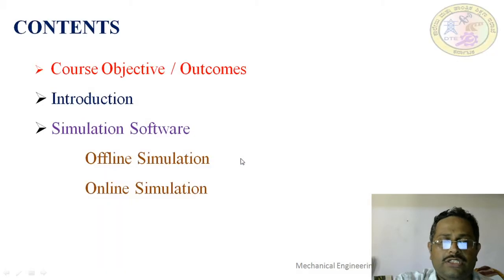This goes like this: course objectives and outcomes, introduction to digital circuits and simulation software. In this, I am giving a demo on simulation software usage, which we use both offline as well as online. First, we will see what the objective is to learn these experiments on digital circuits.